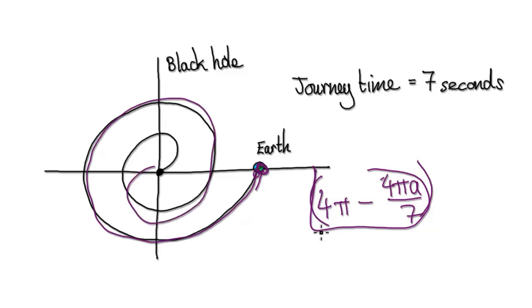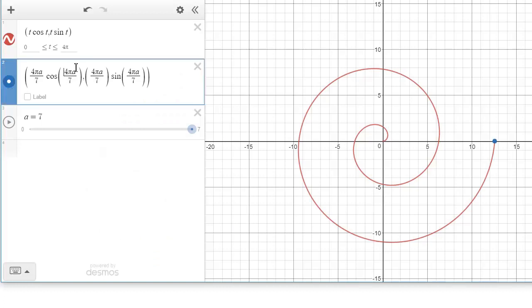So let's insert this. Back to here. If we stick a 4 pi, take away this, and then 4 pi, take away this, and then 4 pi, take away this, and then 4 pi, take away that.